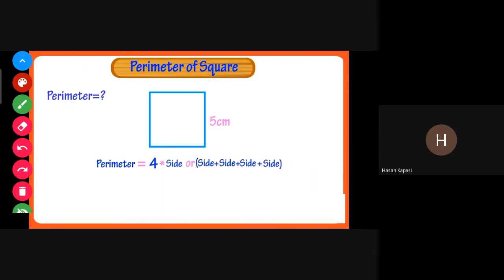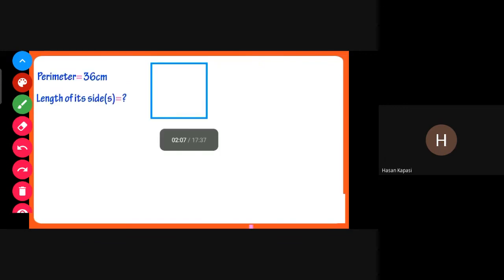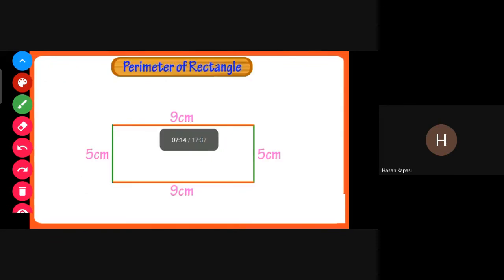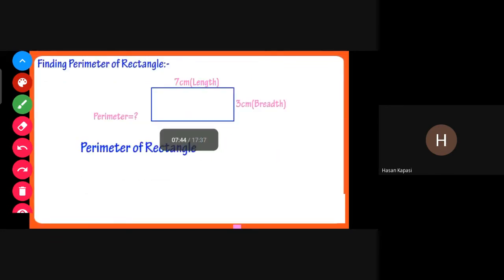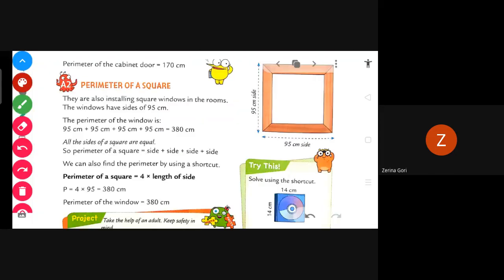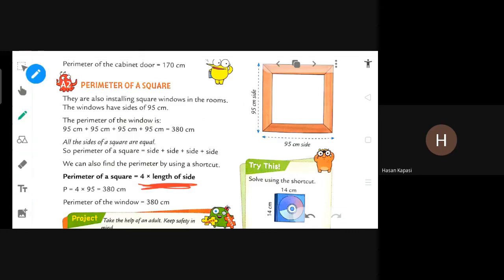Yes. In this video everything is given, and for the rectangle also it is given, but I think time is left, so afterward we will see the whole video. Yes, ma'am. So just remember this formula: 4 multiplied by length of side.